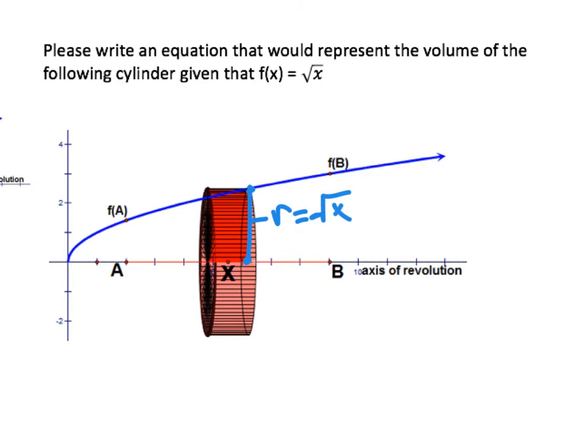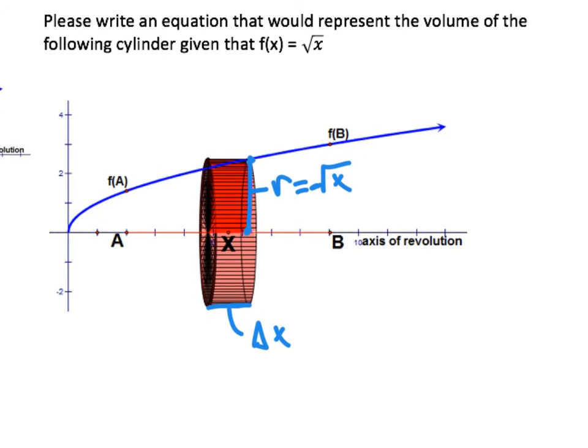That radius changes. I know that the height of this cylinder is this thickness, and that is delta x, so that's our change in x. So if I wanted to find the volume here, then I would take pi times my radius, which is the square root of x, squared, times delta x, okay?